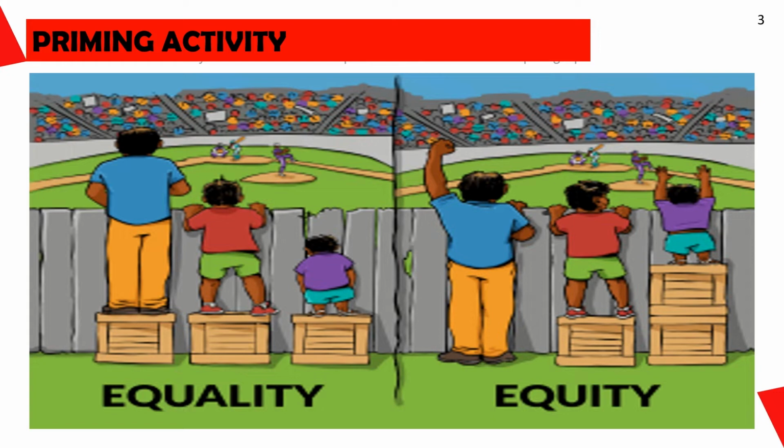Do you think that all of them can watch, applying the principles that they have different characteristics? Okay, so I will just leave the question to you, and we will be proceeding with the second picture, applying the principles of equity. As you have seen, the tallest person or the father is not standing on a leverage, and the child is standing on just one leverage, and the baby, the smallest, is using two leverages to see or to watch over the game.